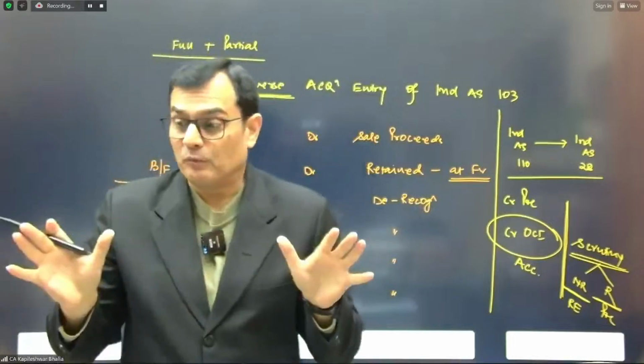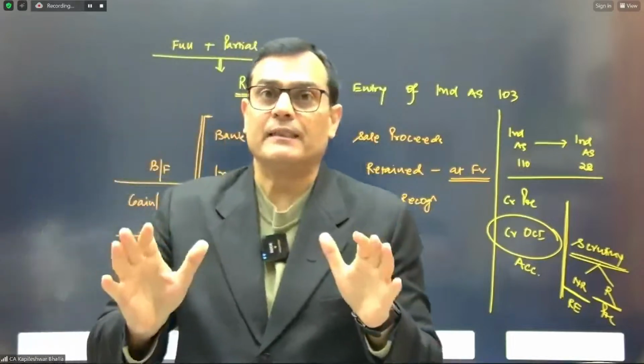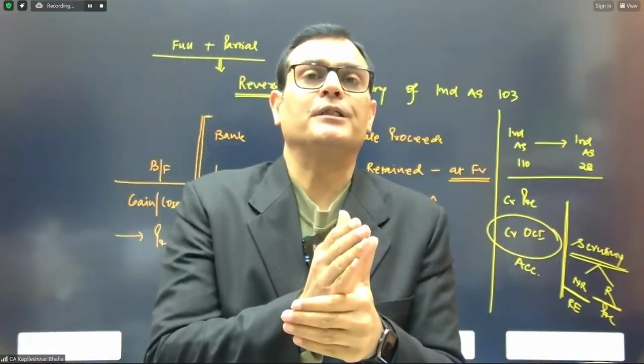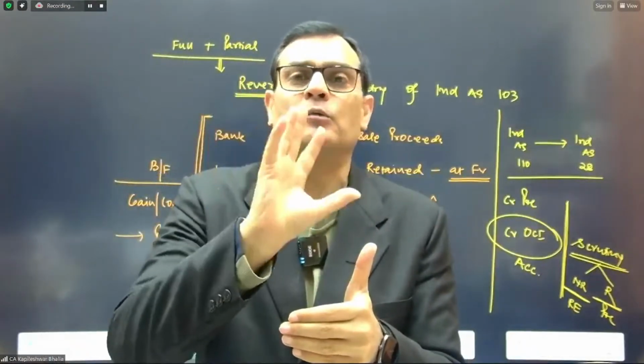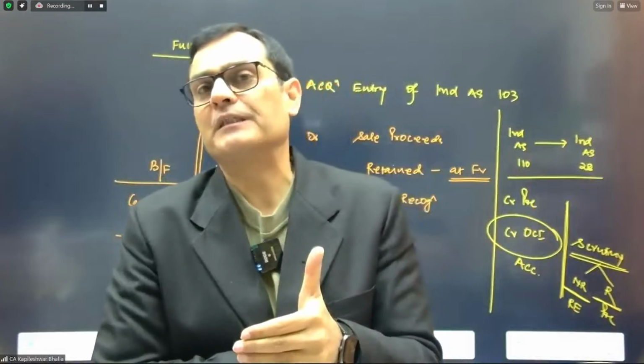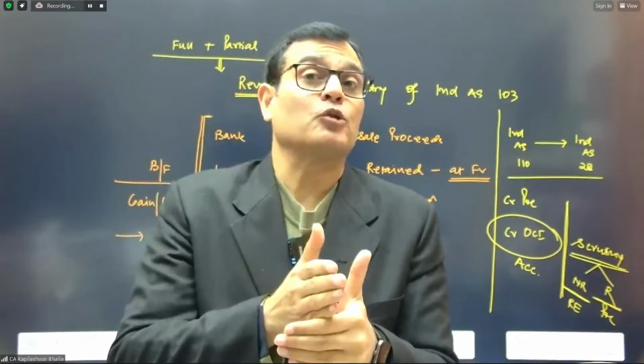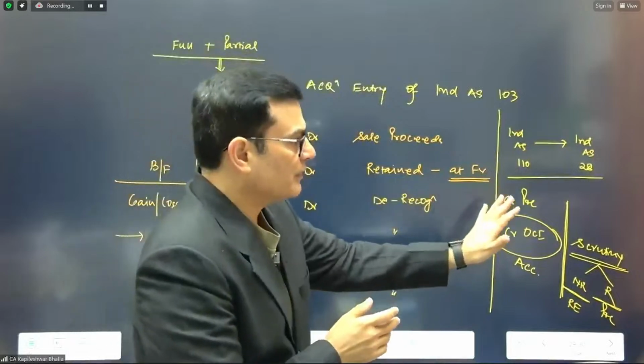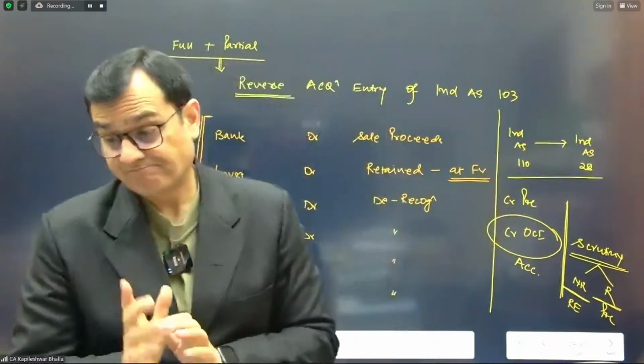So I think the basic framework is created. We have been able to get the picture in terms of: control continues, bank NCI involvement, and the balancing figure equity changes; control is gone, a single reversal entry of 103, and maybe we'll have to take care of the accumulated OCI.